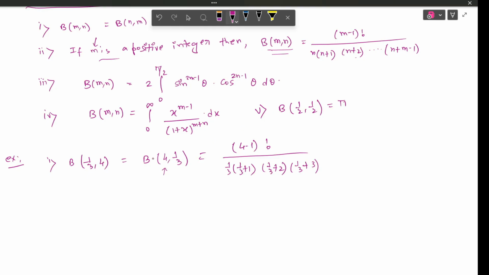Here m is 4, so m minus 1 is 3. So n is 1/3 and it will stop here at 1/3 plus 3. Now if you calculate this value, this is 3 factorial by this thing, and you will get it in this format: 6 into 3 to the power 4 upon 4 into 7 into 10.